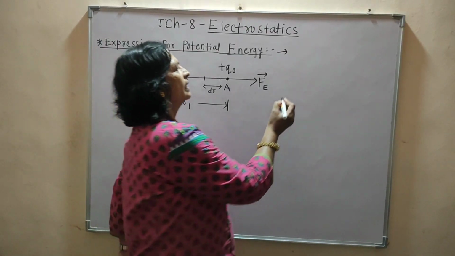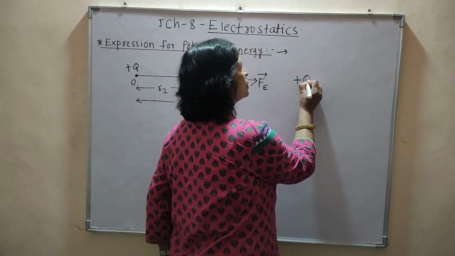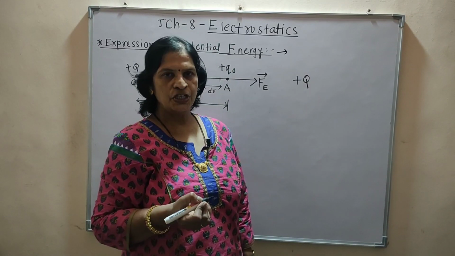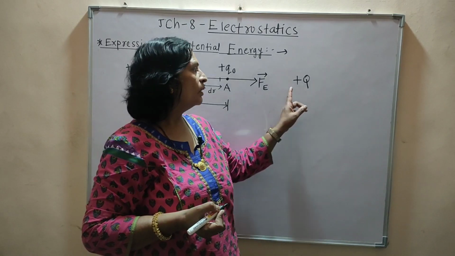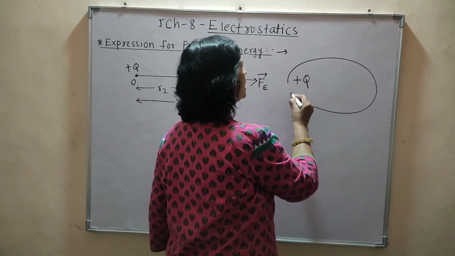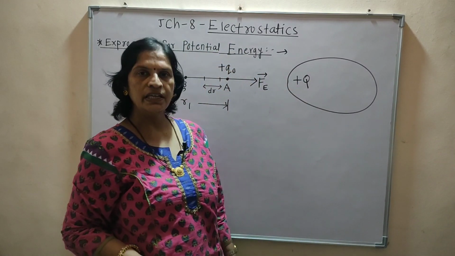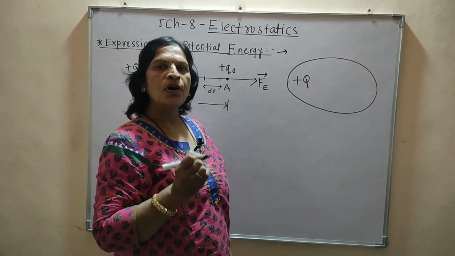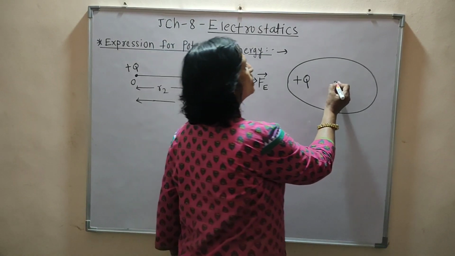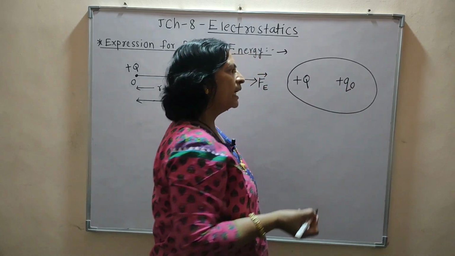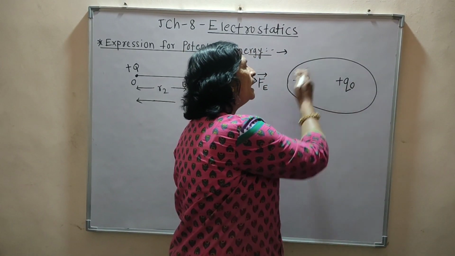Suppose this is a source charge, or it is also called a point charge. What happens? The point charge or source charge produces a field around it. Then another unit positive test charge, suppose this is a unit positive test charge, is brought into that field.